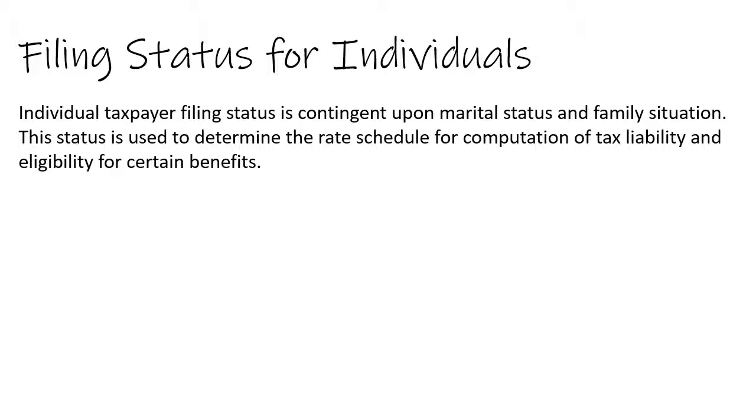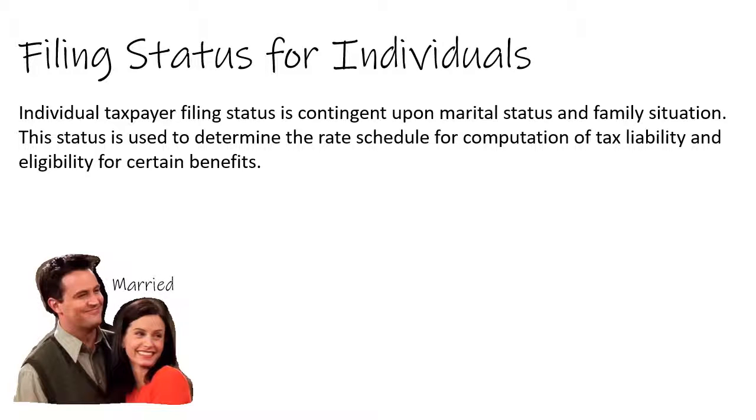To illustrate the filing status and how it applies to different classes of taxpayers, we're going to look at the different characters from Friends, the popular 90s TV show. The first status is married. A person can be married and file jointly or file separately.